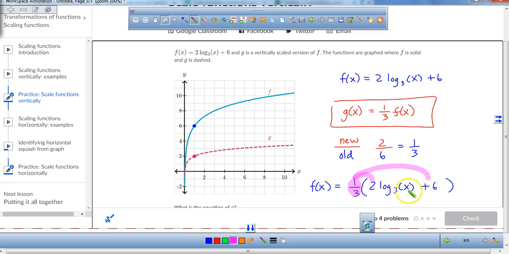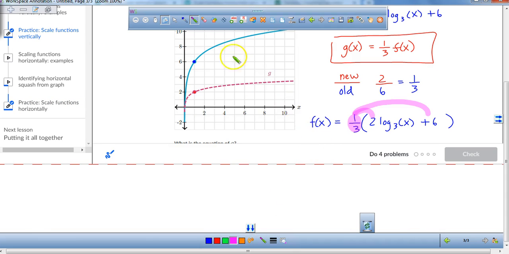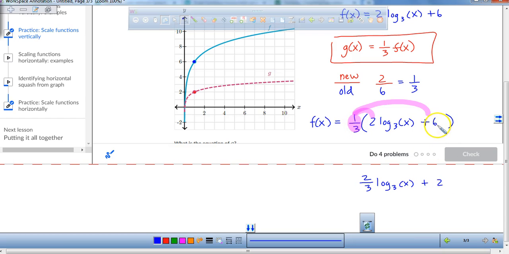That log base 3 of x is not going to be impacted at all. So a third of 2 is 2/3, so I'm going to put 2/3 log base 3 of x, and 1/3 of 6 is 2, because 6 times a third is 2. This is the function that I'm looking for.